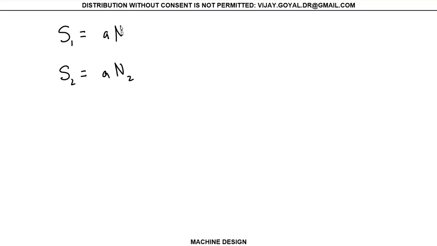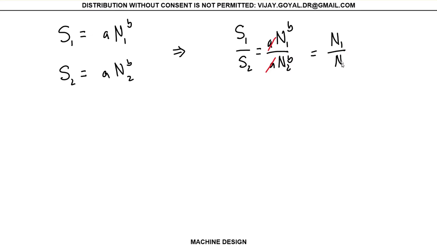So S1 equals A times N1 to the power B, and S2 equals A times N2 to the power B. Then I can divide these two, so S1 divided by S2 is going to equal A times N1 to the B over A times N2 to the B, and I can cancel A. That will give me N1 divided by N2, to the Bth power.